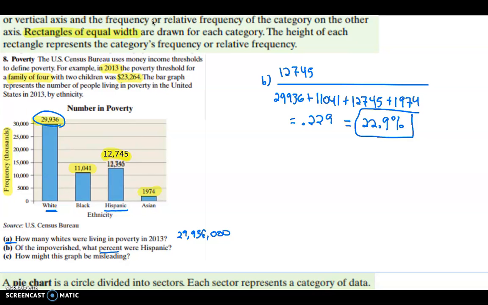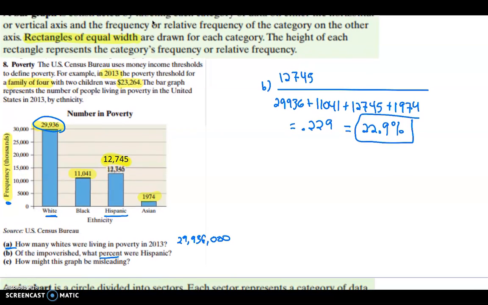Now on this one here, it says, how might this graph be misleading? One thing we don't know in here is the real population values for each ethnicity. So rather than looking at the frequency, it would probably be better to look at the relative frequency.